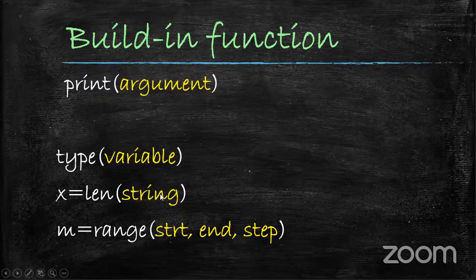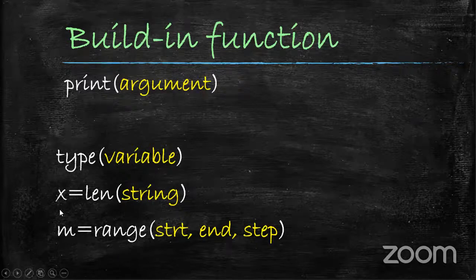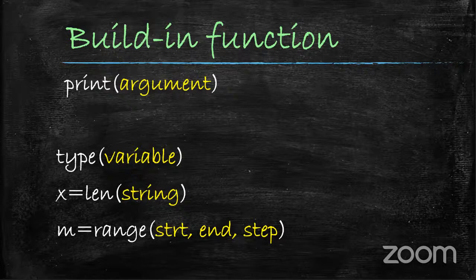If you write len of Rohit, it will give you x is equal to 5. Now we have seen one more function called range. This range function takes multiple inputs: start, end, and step. It creates that sequence, and the sequence is written to variable m. Is that clear?